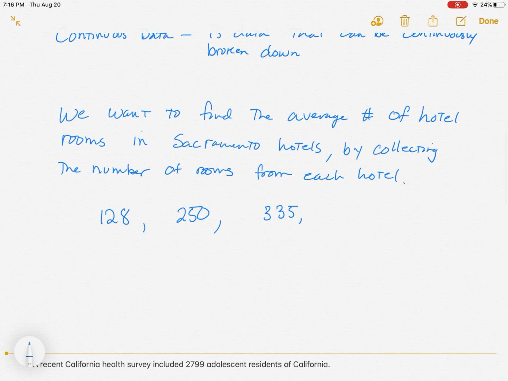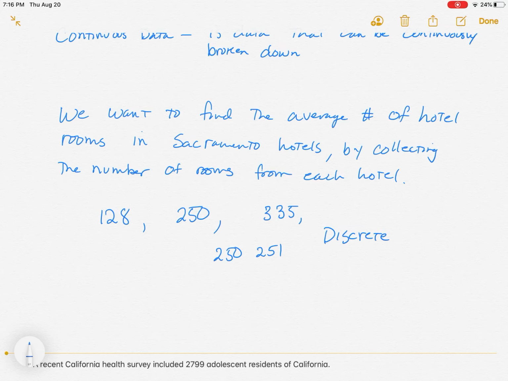So let me just put up a scenario. Is there anything between a hotel saying 250 rooms and 251 rooms? Those are two practical things that could be reported. Is there any possible way that a hotel is going to call us and say, I have a number in between those two? And the answer is no. There's a physical count of those rooms, and therefore this is discrete data.